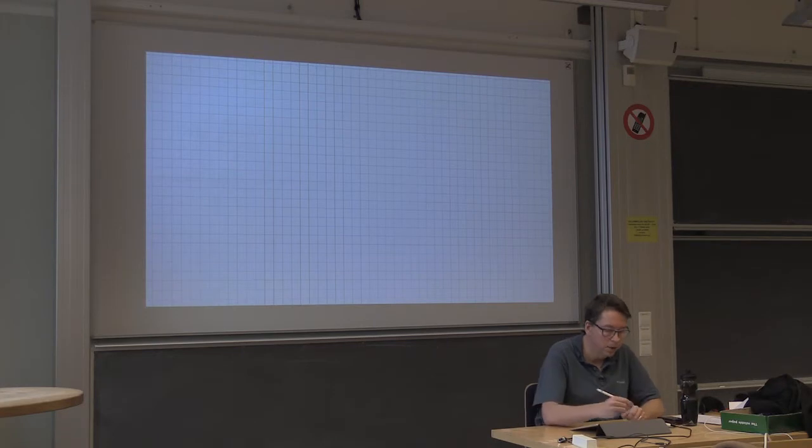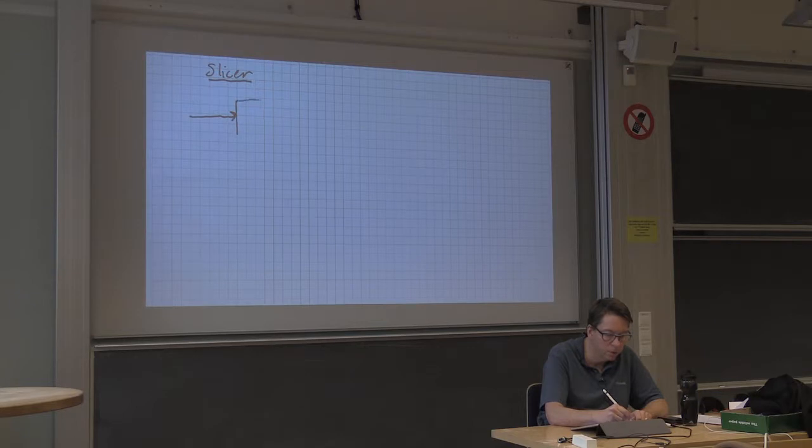So what is the slicer? Okay, so the slicer is a device. A block diagram of it would look something like this, which has an input, let's call it Y, and it has an output, let's call it A hat.